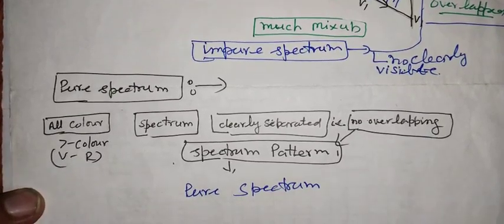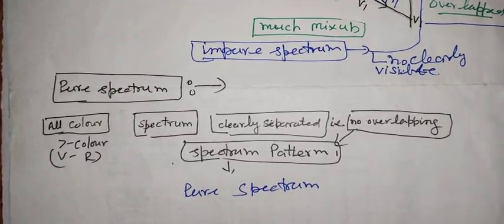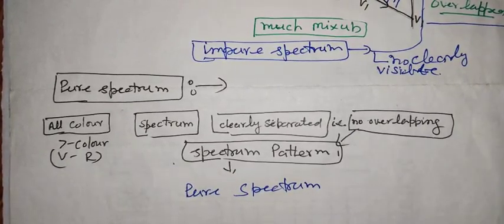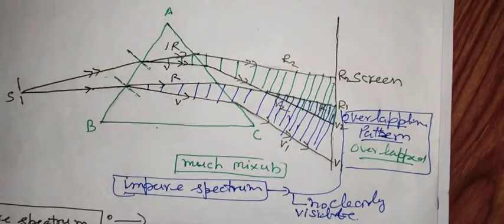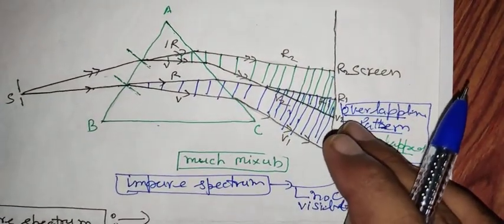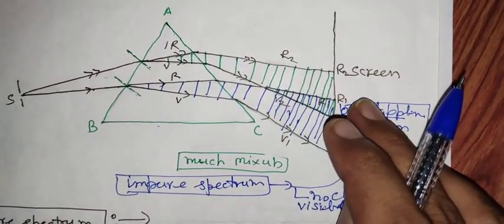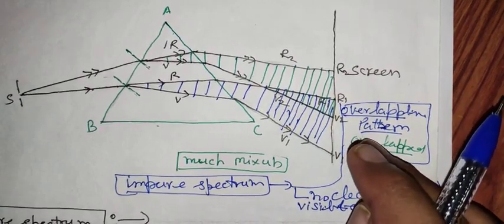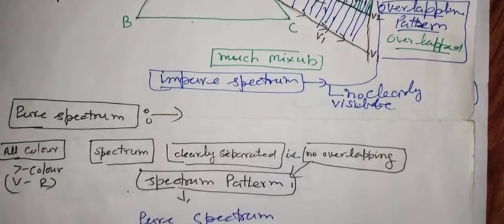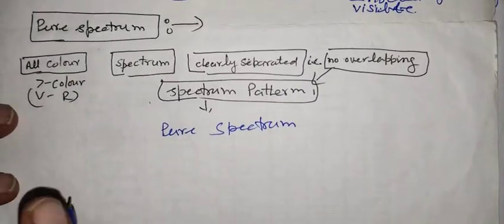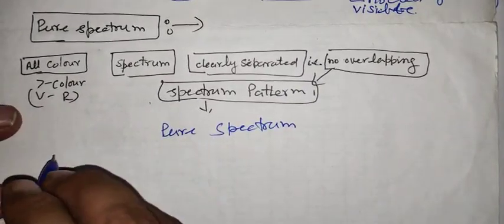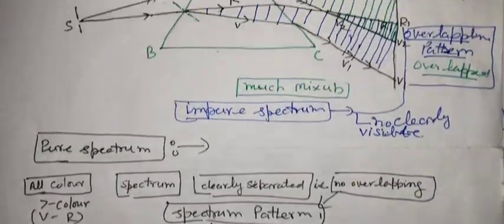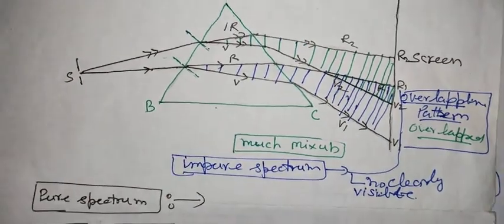This pure spectrum has some conditions to obtain. It is not generally obtained. Generally, the spectrum pattern is unclear, one color is mixing with another and it is not clearly distinguishable. So for pure spectrum, there are certain conditions. First condition, see very carefully, the source.